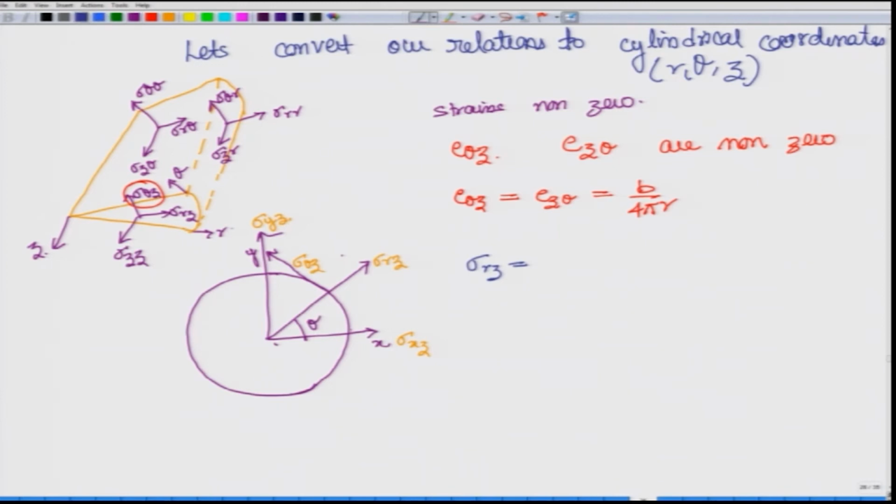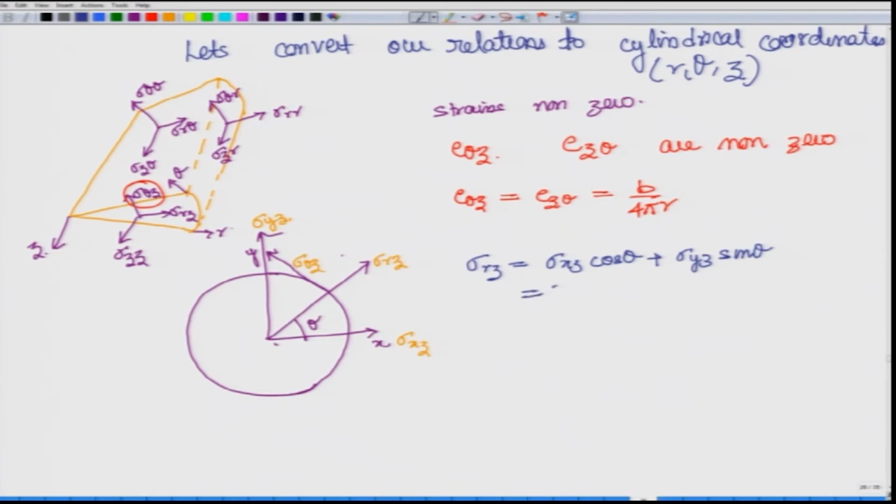Therefore, if you know theta, then you can find the component of xz in direction rz. Similarly, you can find the component of yz along rz, and it will become sigma xz cos theta plus sigma yz sin theta.